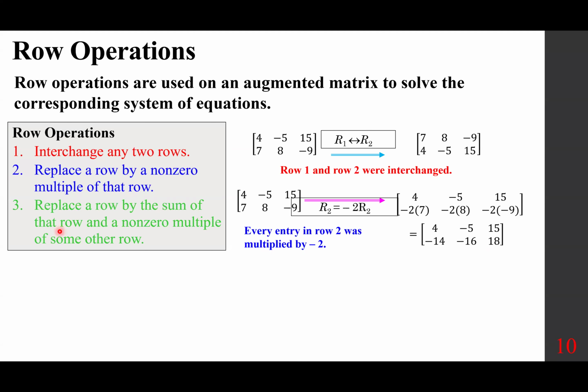Replace a row by the sum of that row and a non-zero, and that's the key, non-zero multiple of some other row.